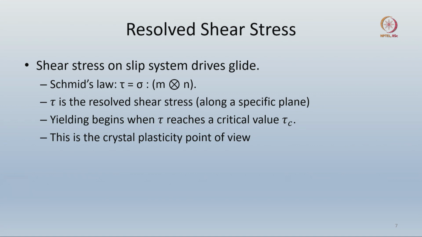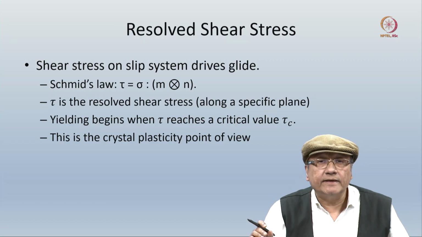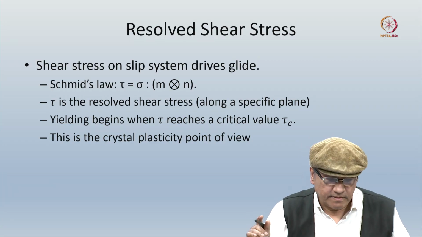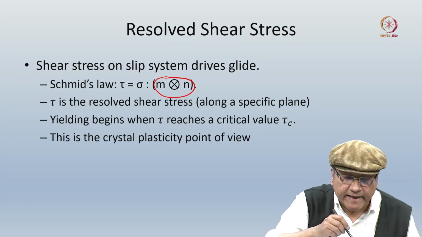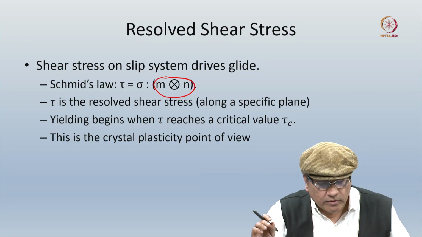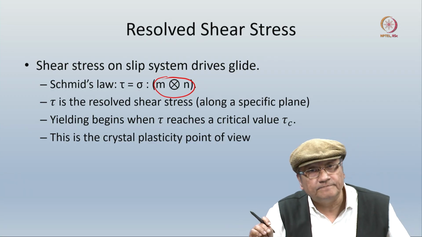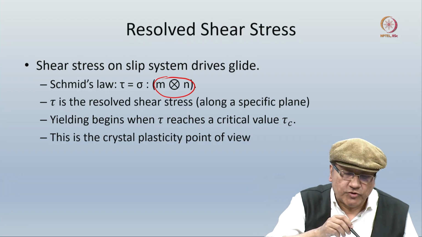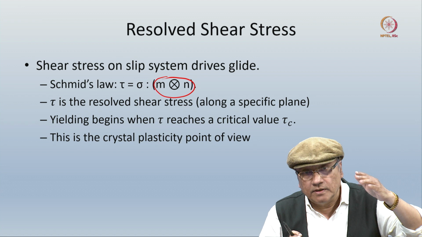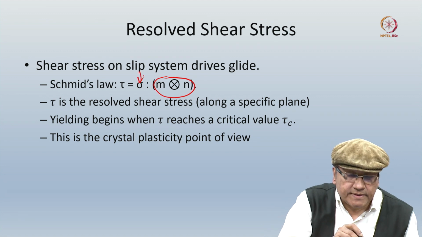Now, from a purely crystallographic point of view, we can have crystallographic slip planes. These slip planes will be denoted by a collection of such planes represented by some vectors m and n. So m tensor product n will define such a crystallographic slip plane. If you resolve your stress, that means take a projection of your stress sigma on this slip plane, you get what is called tau.